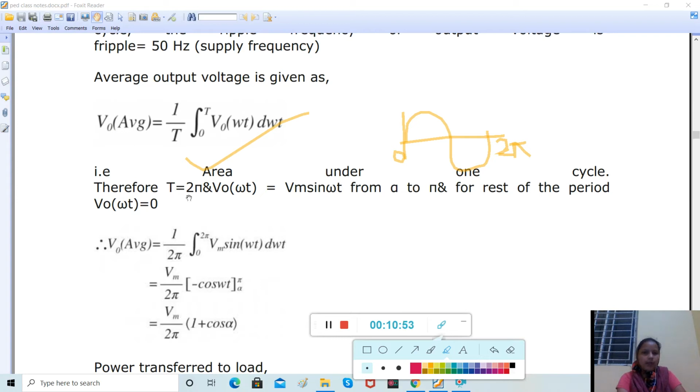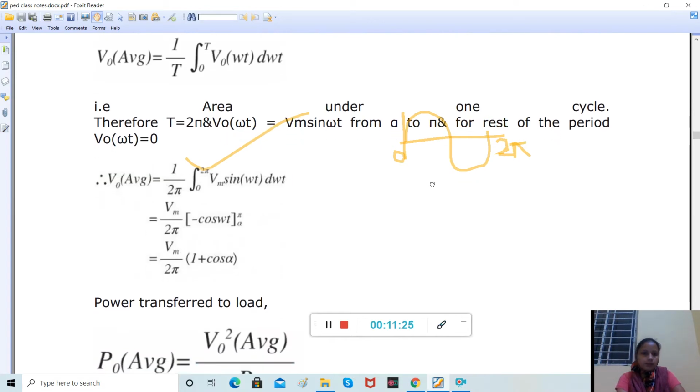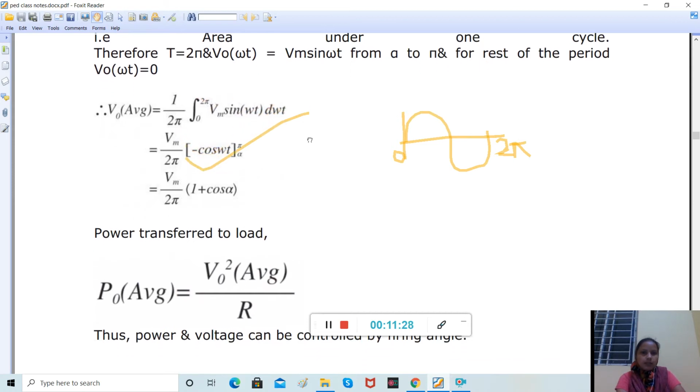V0 omega T is Vm sin omega T, because from alpha to pi V0 omega T is Vm sin omega T, and for the rest of the period V0 omega T is equal to 0. That's why the average voltage equation is like this.